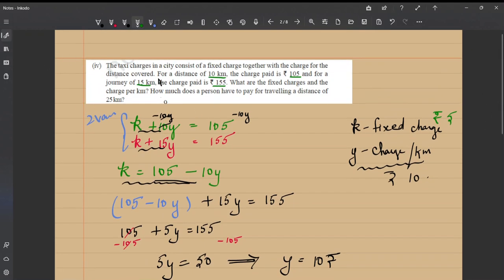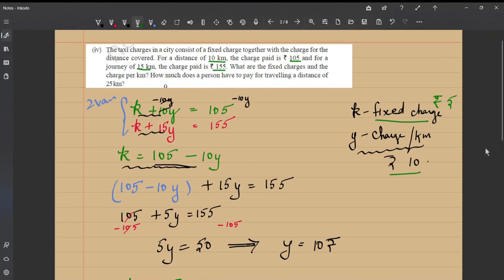We have not even read the question fully. Let me go back to the question. So using the information, we have found these things. The question is, what are the fixed charges? We have found already it's rupees 5. What is the charge per kilometer? We found already it's rupees 10. How much does a person have to pay for traveling a distance of 25 kilometers?